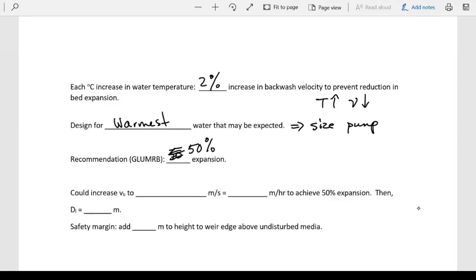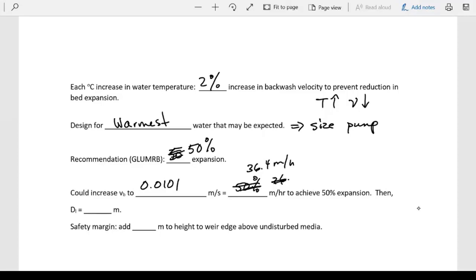Now, if we increase our backwash velocity from 0.01 to 0.0101, we would get 50%. Sorry, this equals 36.4 meters per hour.